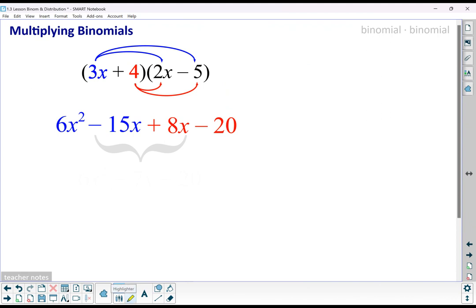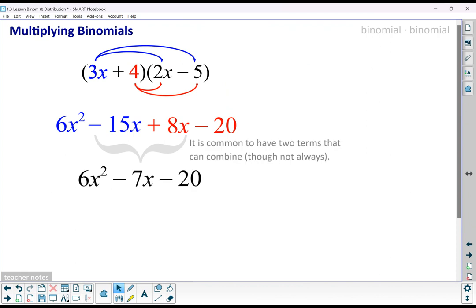When you are multiplying binomials together, you end up with 4 terms. And when you look at that list of 4 terms, you will often see terms that can combine. Not always. It's possible that you won't, but oftentimes you see two terms that can combine. And you do want to go ahead and combine them when you notice that there are some like terms there.